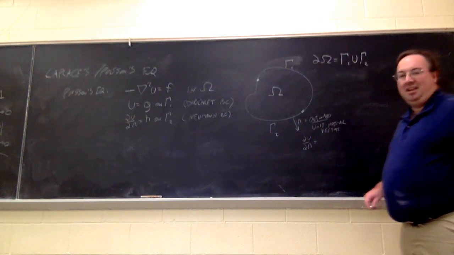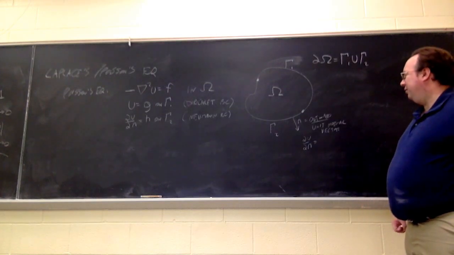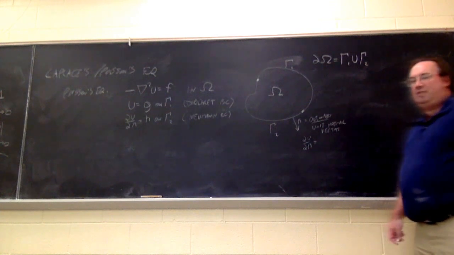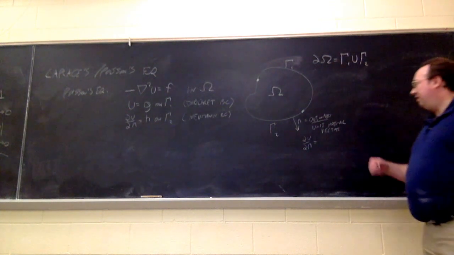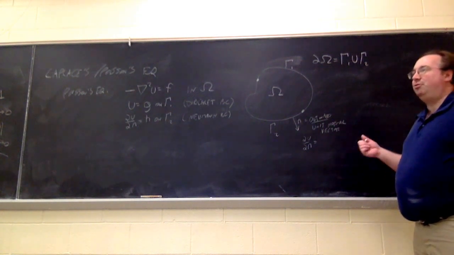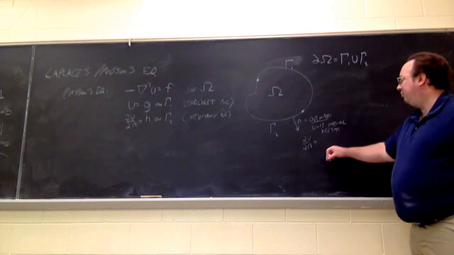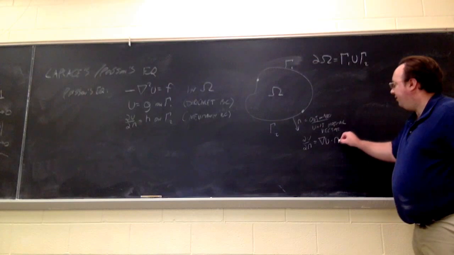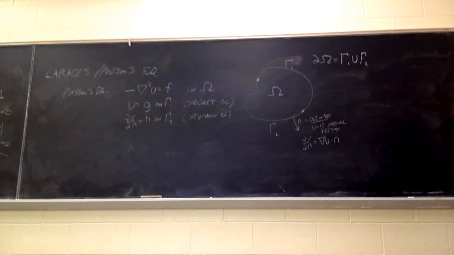Now, not sure how much was missed, but n is the outward unit normal vector pointing out. So that's a convention that we follow. And using a concept of directional derivative from multivariable calculus, the normal derivative can be defined to be the gradient of u dot product with the normal vector.